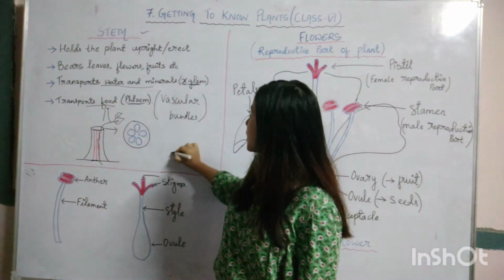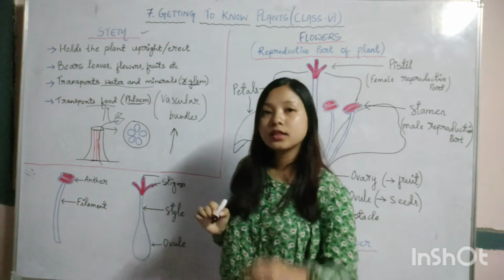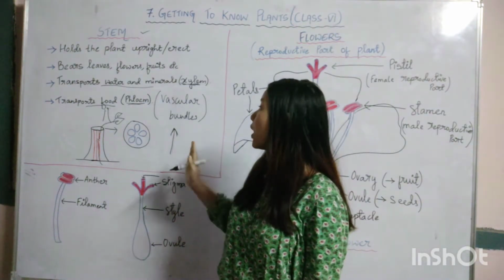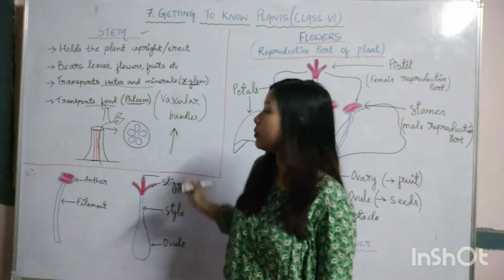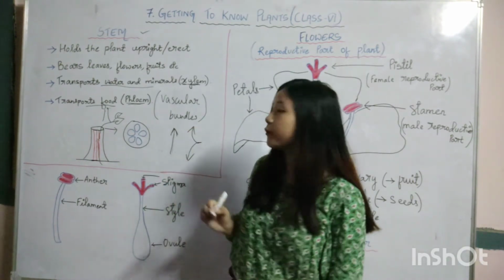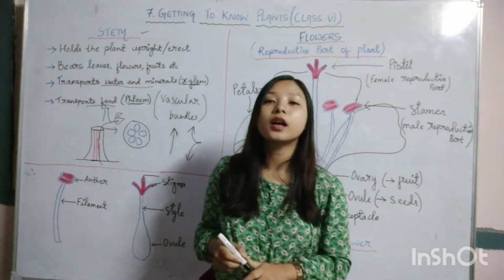That means in xylem you will only see upward movement, that is from the roots to the other parts of the plant, while in case of the phloem you are going to see two-way movement. That means the food is provided downwards as well as upward.